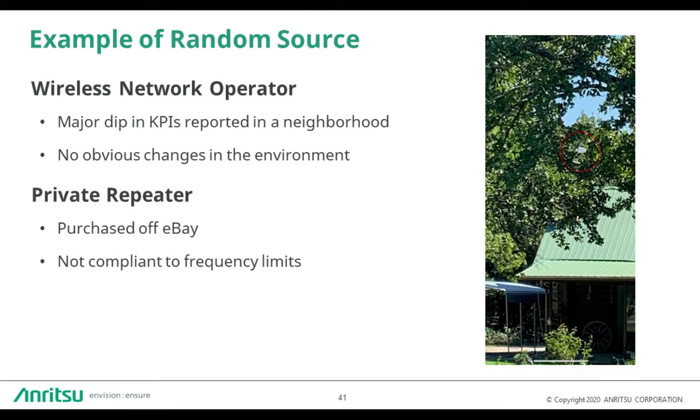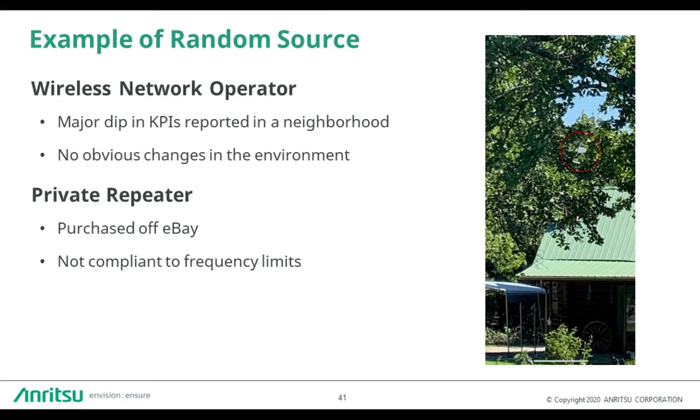Finally, just the solve on this interference that I've been teasing. So what it turned out to be was you had somebody in a rural area, again, who was not getting the LTE coverage that they wanted. So they purchased a repeater off of eBay, something that anybody can buy, but was not manufactured by a well-regulated or controlled manufacturer, which means that the signals weren't properly filtered.